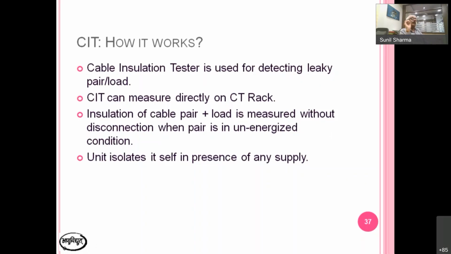Sometimes they call, sir, what is happening with wire to wire? It will not work. It is a disconnected condition versus a connected condition. So wire to wire you can't measure. It is only one condition you are able to measure: earth to pair.